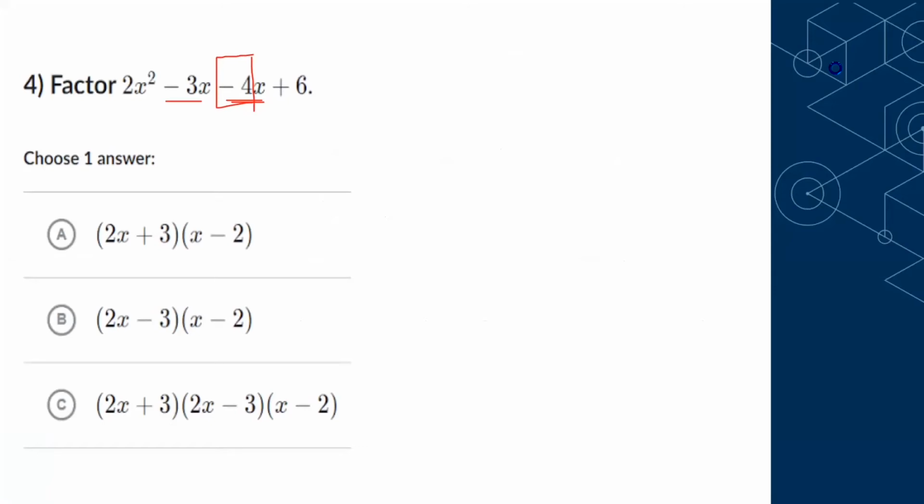So let's group the first 2 terms into our first group and our second 2 terms into our second group. My first 2 terms are 2x squared minus 3x, and the second group is -4x plus 6. And I'm still going to have the positive sign, okay?